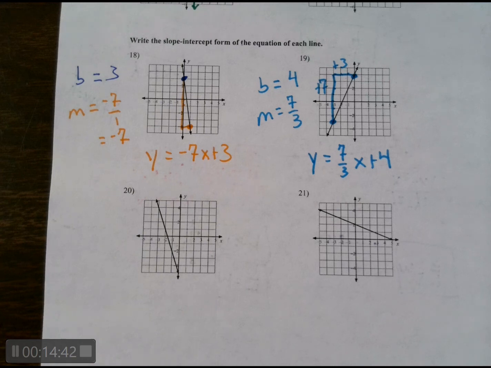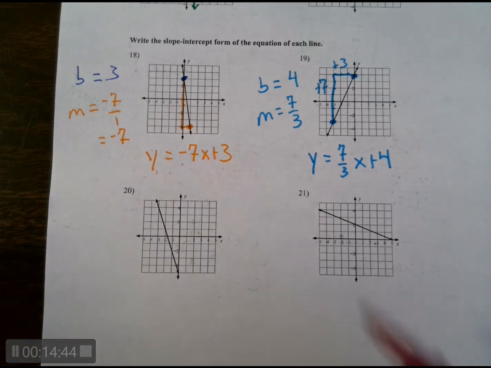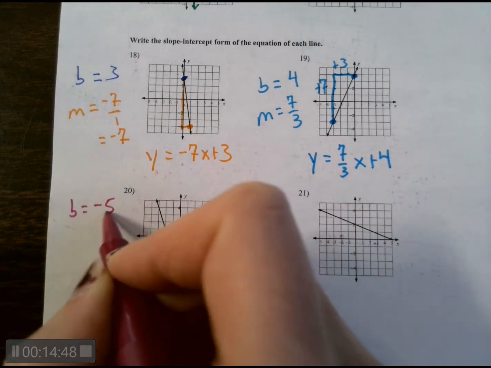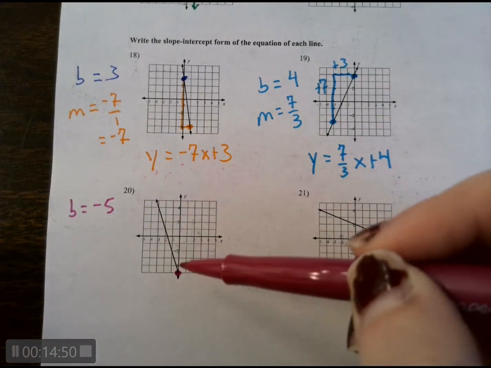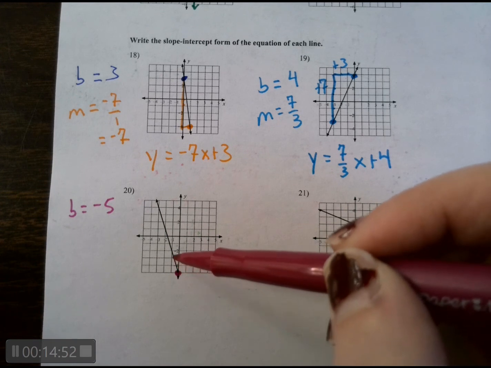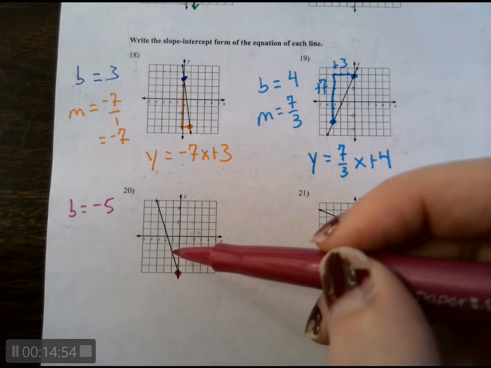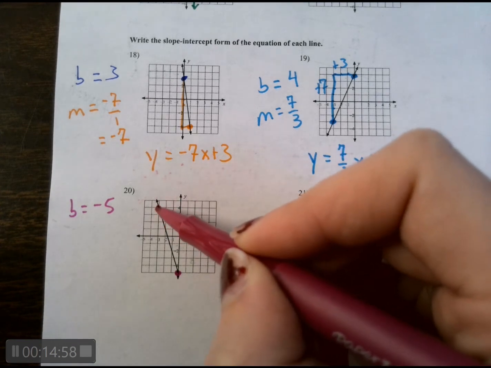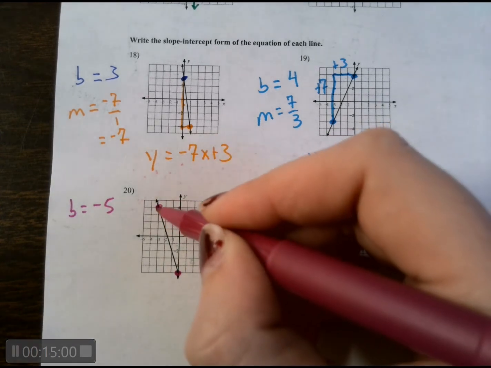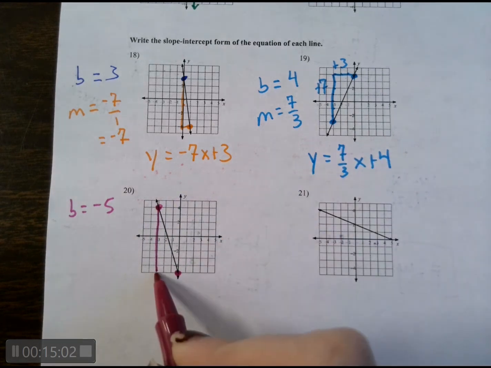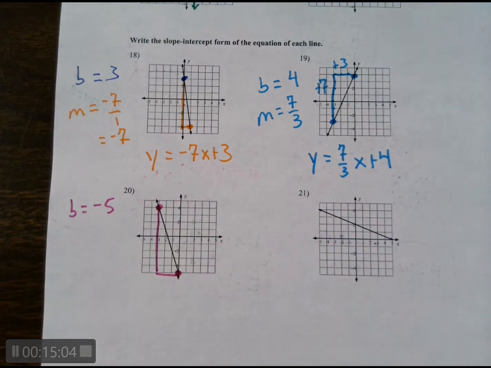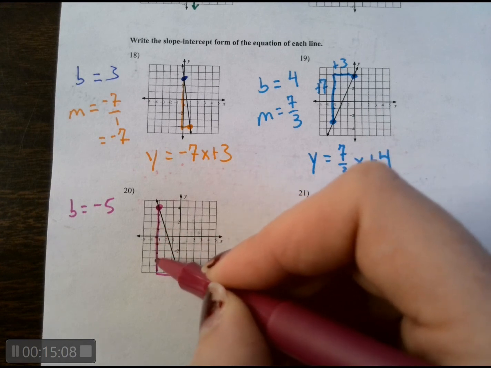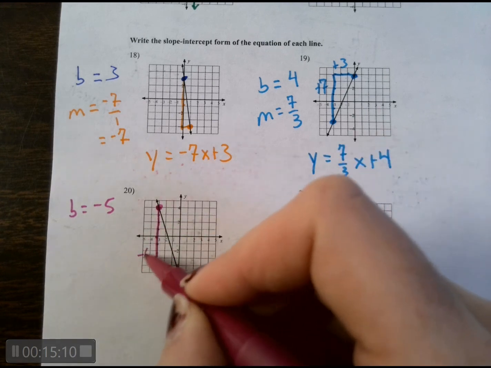Alrighty, so for 20, my y-intercept is -5, and then we're going to look for another pretty point, which it could be that one, but I think I'm going to go up to the most obvious pretty point again. Okay. Alright, so now we're going to count 1, 2, 3, 4, 5, 6, 7, 8, 9.